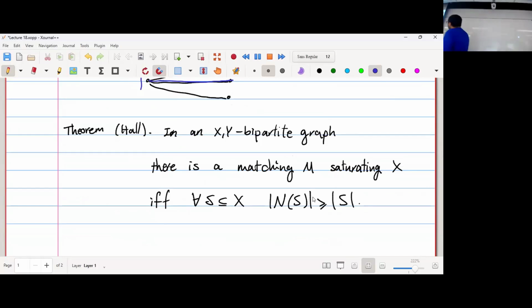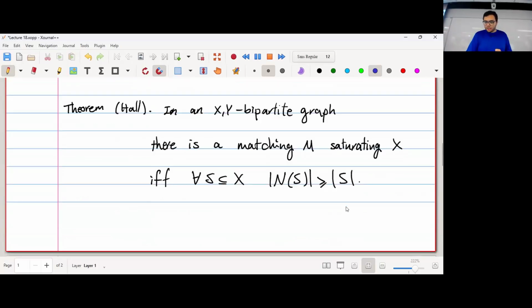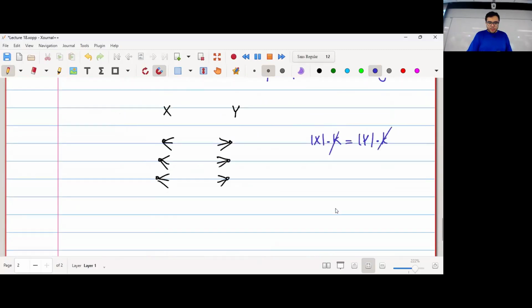I have to say that whenever I take any subset of the vertices in X, the number of neighbors is enough. I have at least as many neighbors as the vertices in my subset. So let's do this. Suppose S is a subset of X. What can I say about the number of neighbors of S?